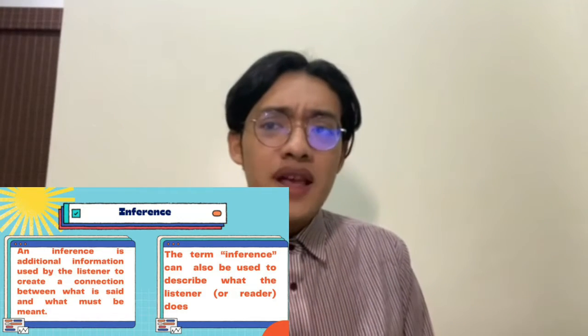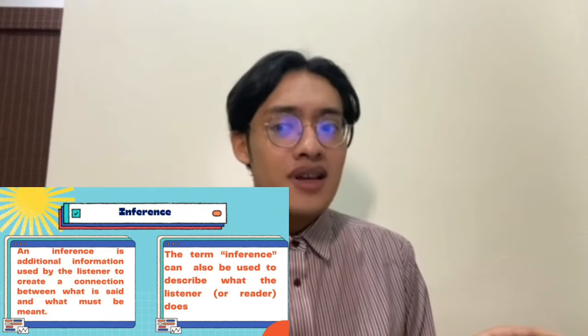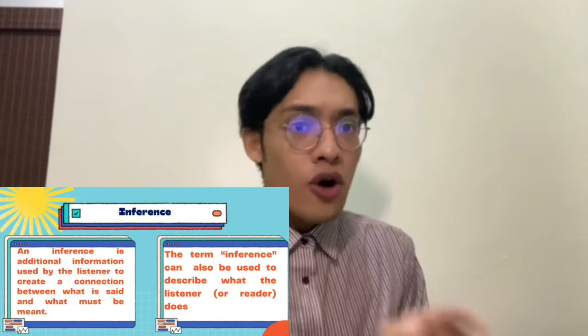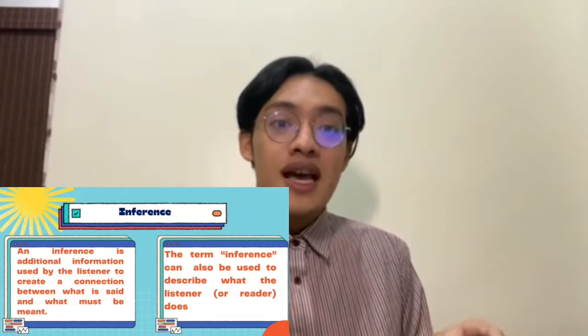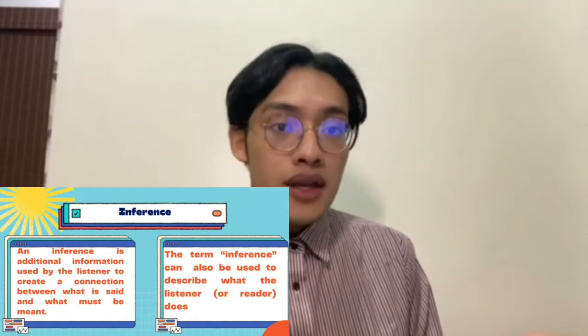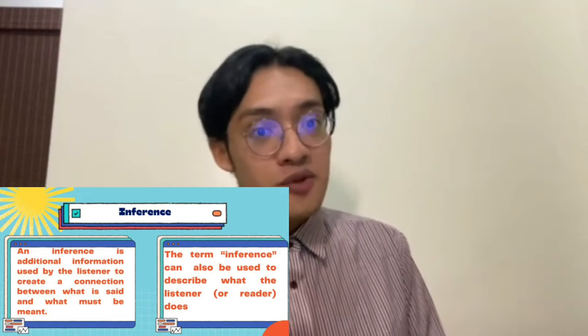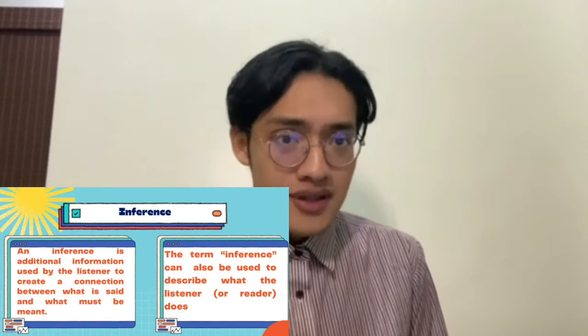Which means that she's not wearing an actual person. She does not have Alexander McQueen all around her, but we can conclude that she is wearing designer clothing designed by Alexander McQueen. So that is inference. The second one under reference is anaphora.